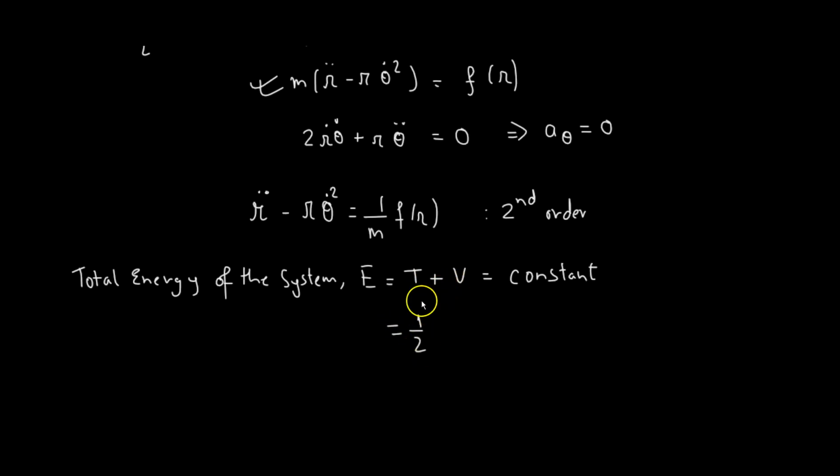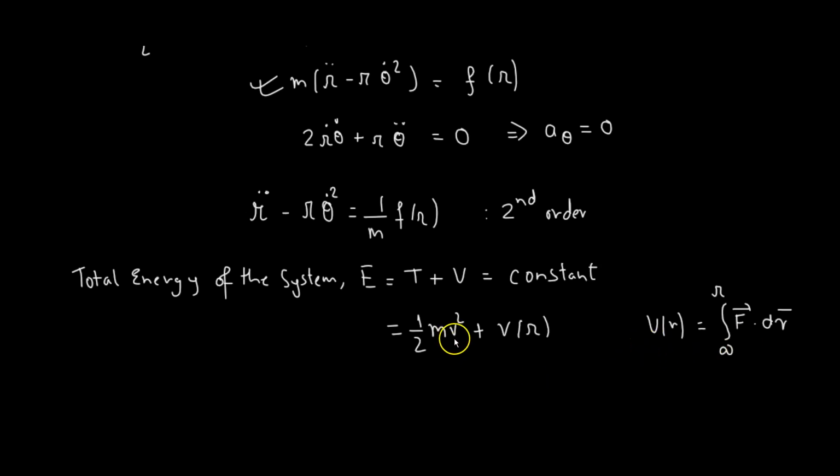T is the kinetic energy given by half m v squared, and V is a function of r, which is given by moving a particle from infinity to a point r, like force times dr vector. This is the definition of the potential function.